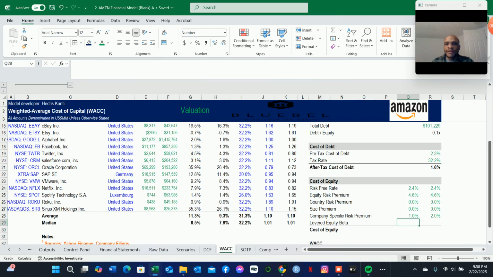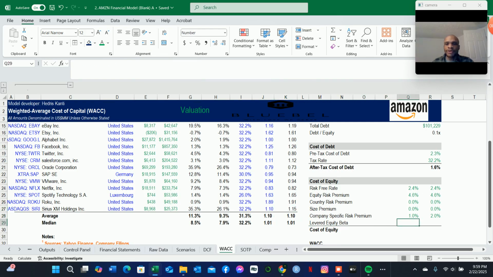So now we want to determine the levered equity beta. The levered equity beta is going to be based on our comparable company unlevered beta, like the average or the median. So we're going to take that and then just reverse engineer the unlevered beta formula, which we calculated a while ago here.